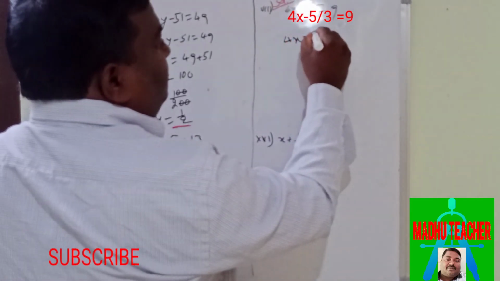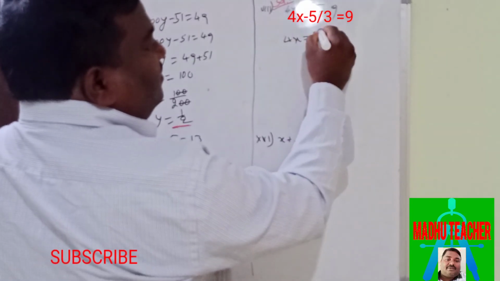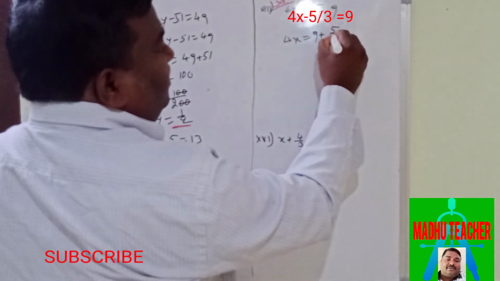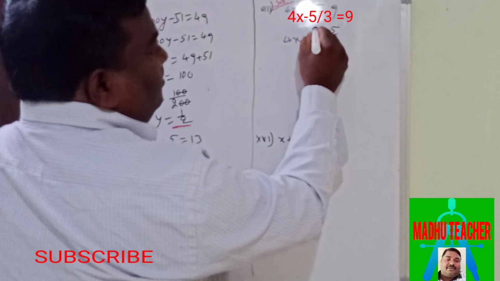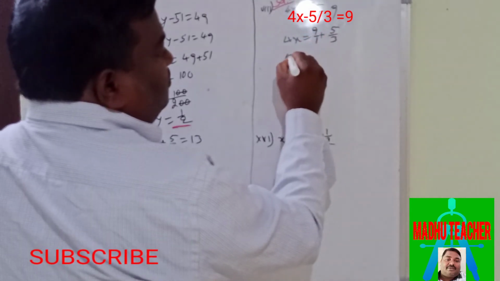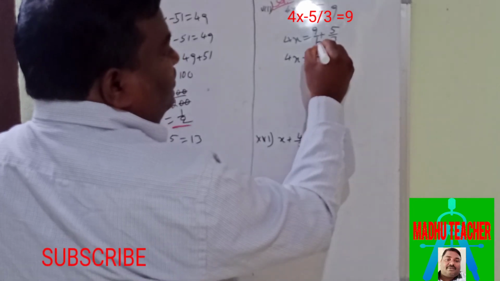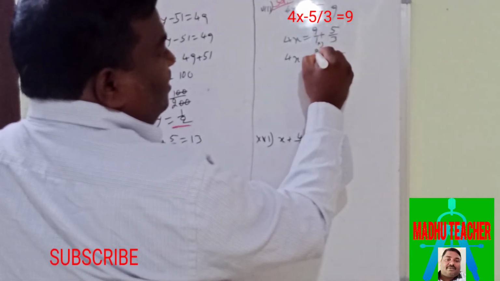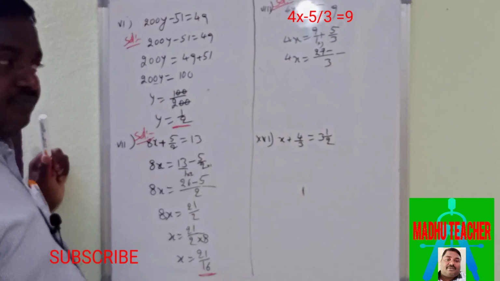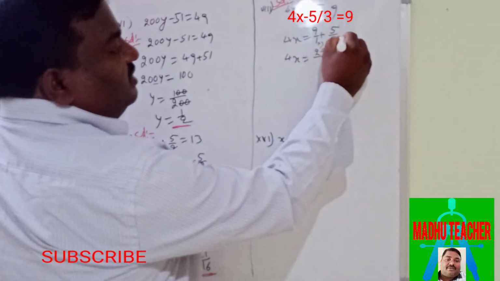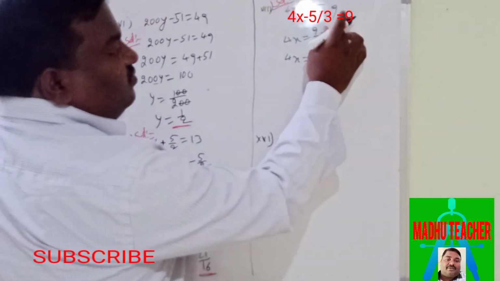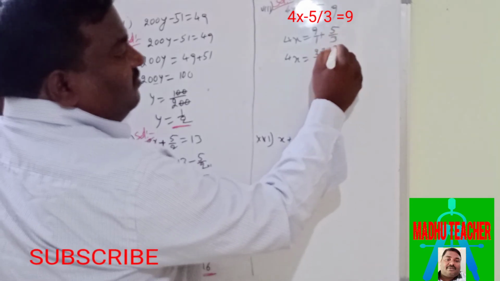4x equal to 9. Transposing minus 5 by 3, it will become plus 5 by 3. So this is 9 by 1. So 4x equal to, 1 and 3, LCM is 3. 1 into 3 is LCM, 9 threes are 27. 3 ones are 3, so 5 ones are 5.